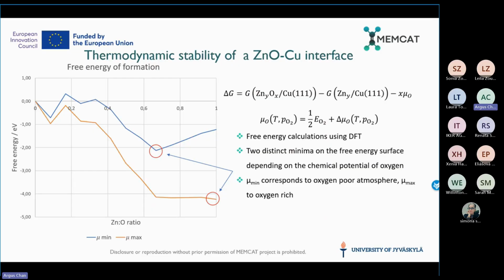Here the blue line is oxygen deficient conditions, and the orange one is oxygen rich conditions. In oxygen deficient conditions, the minimum energy, so most stable structure, has less oxygen than zinc, while under oxygen rich conditions a 1-to-1 ratio is preferred.